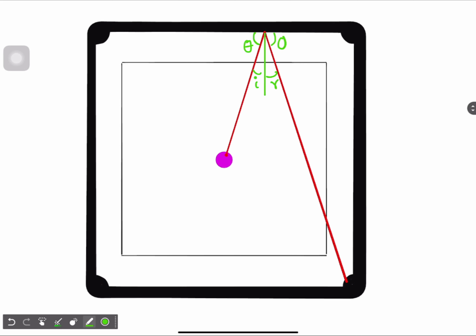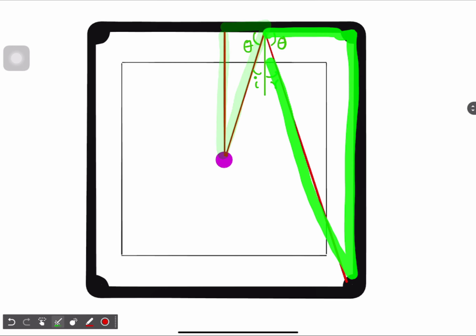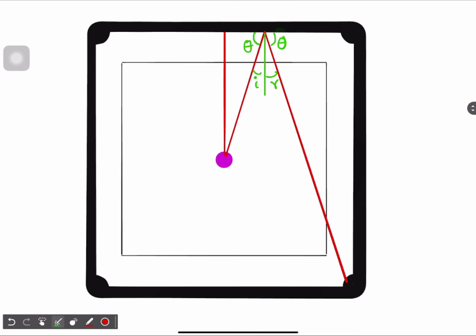Now we construct a triangle over here. I drop a perpendicular over here, right? Now look at this triangle and this triangle. Both the triangles have a 90-degree angle and have the same angle theta. Therefore, both the triangles will be similar to each other.